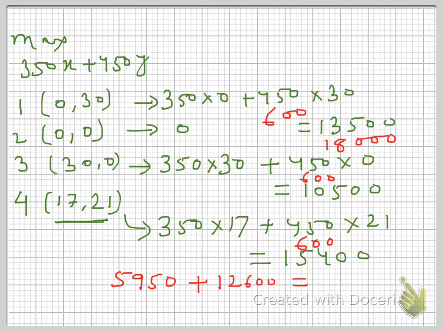So the total profit is 18,550. You find that the total profit is still highest here compared to 18,000 or 0 or 10,500. 18,550 is higher. So still the maximum profit you are getting at 17, 21, and your optimal product mix doesn't change, it remains the same.